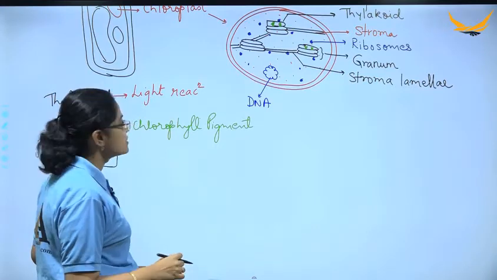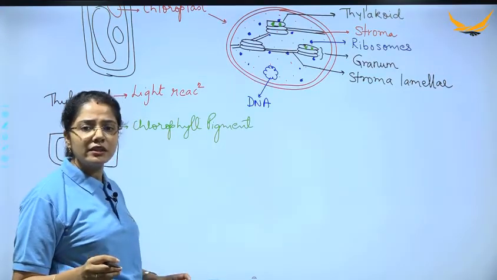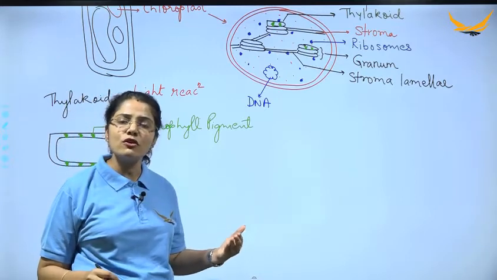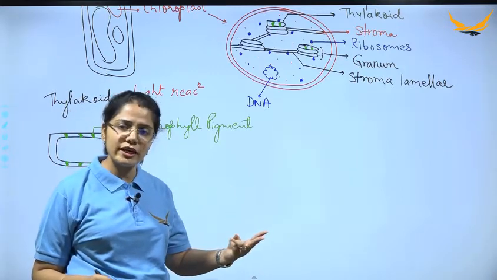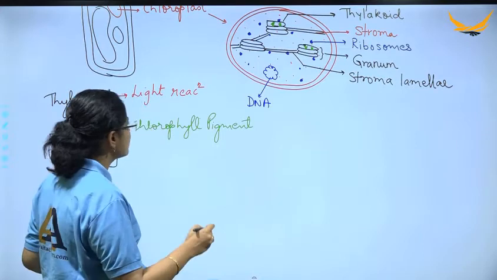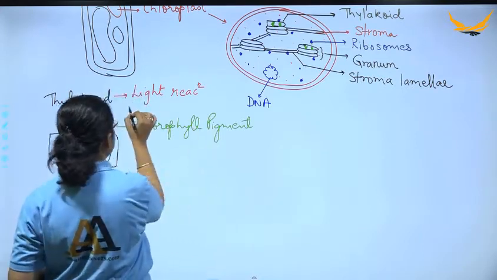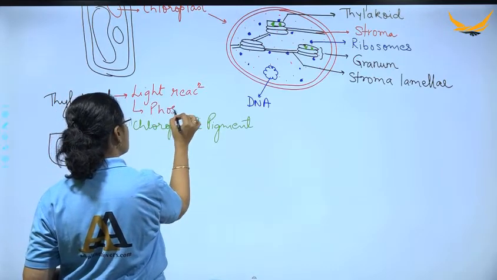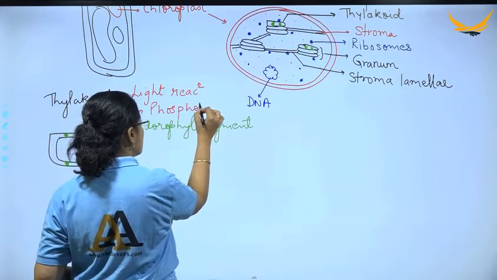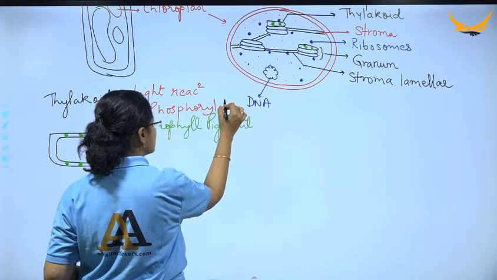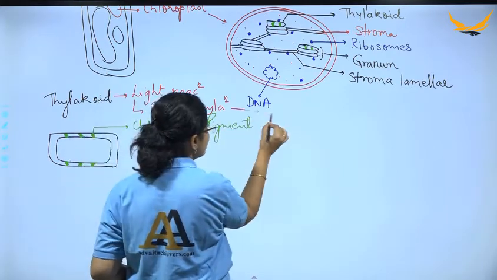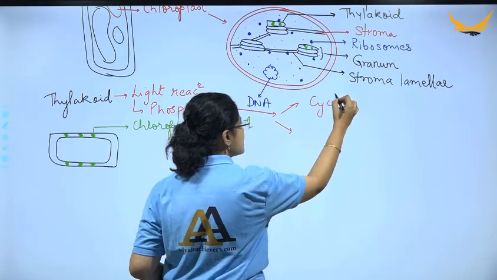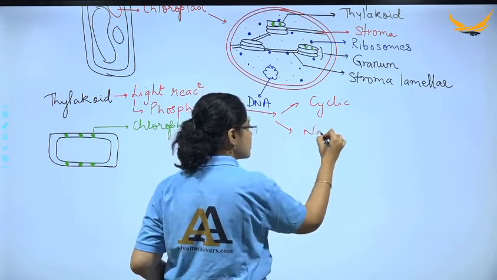And light reaction is further divided as a process that is called phosphorylation, and that is again of two types, cyclic and non-cyclic, right? So light reaction itself has a process which we call phosphorylation. ठीक है? And this phosphorylation itself is of two types, cyclic and non-cyclic.